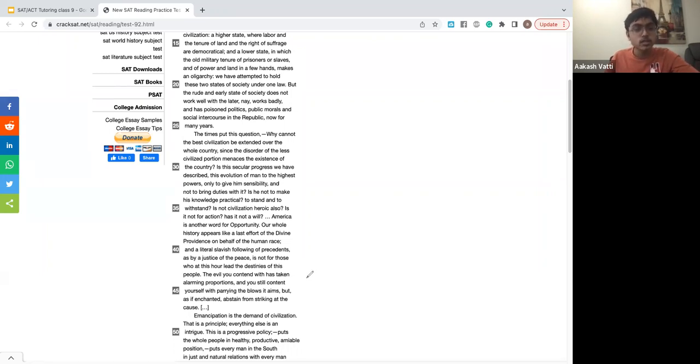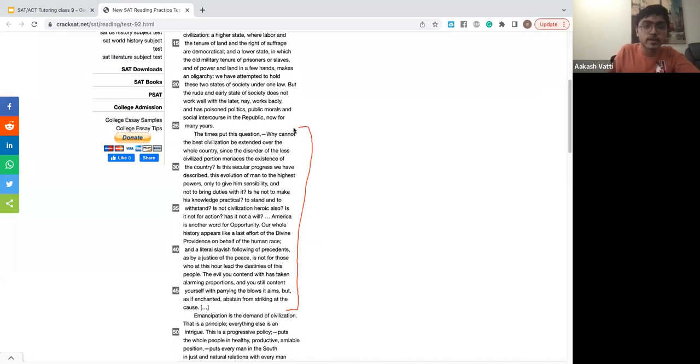Has it not a will? America is another word for opportunity. Our whole history appears like the last effort of the divine providence on behalf of the human race. And a literal slavish following of precedents, as by justice of the peace, is not for those who at this hour lead the destinies of this people. The evil you contend with has taken alarming proportions, and you still content yourselves with parrying the blows as it aims, but as if enchanted, abstain from striking at the cause.